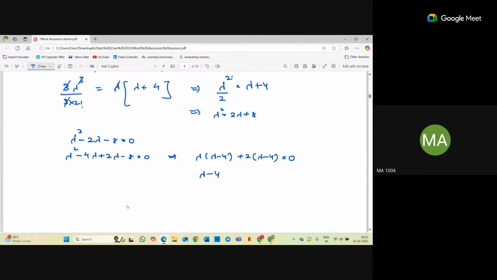So, it would be lambda minus 4, lambda plus 2 equals 0. So, lambda is taking value 4, comma minus 2. And for Poisson, lambda is always greater than 0. So, my lambda would be equal to 4.